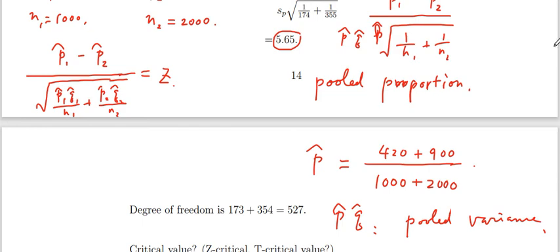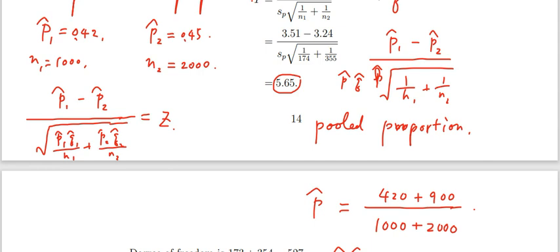So we can do the same problem. If we assume the variance is the same, then we can find the pooled proportion. Then use this formula to find the z value. Then use the z table to check whether this is big or small.